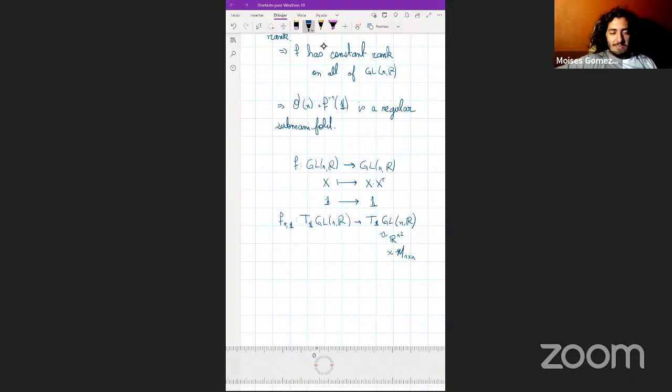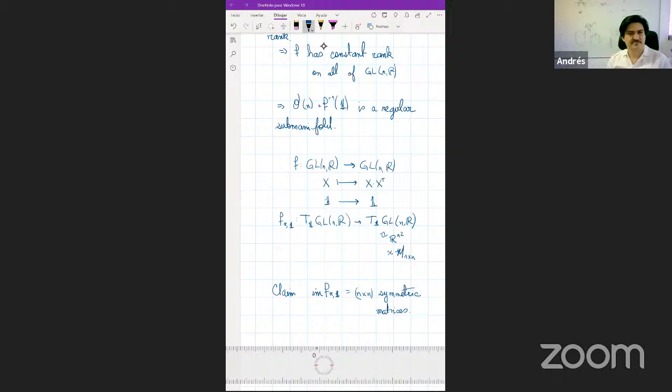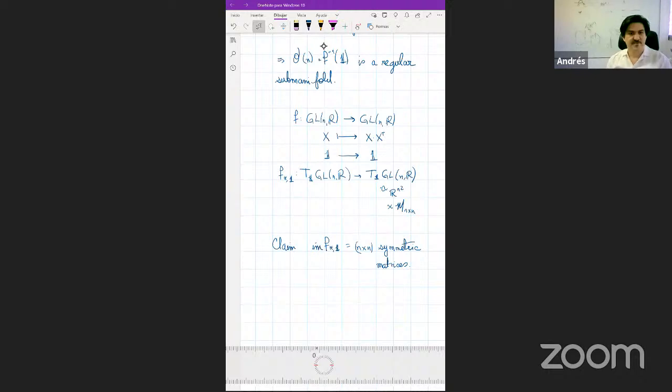Can you repeat that? I didn't get that. Using this identification, what I claim, right?